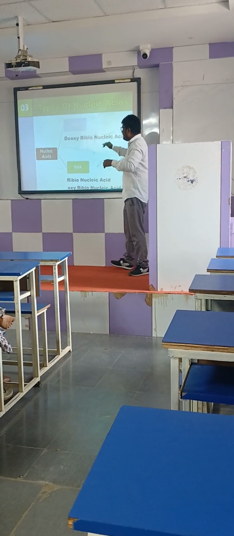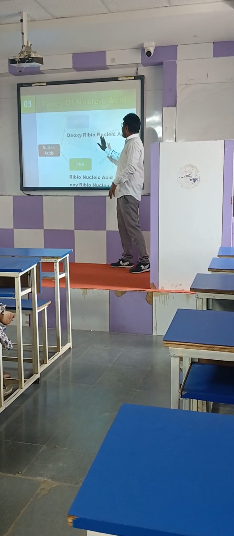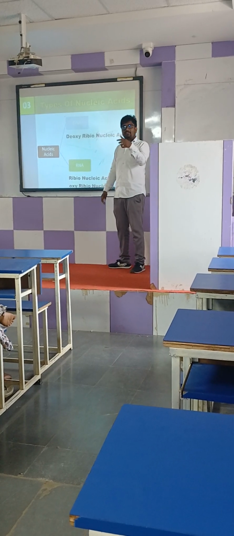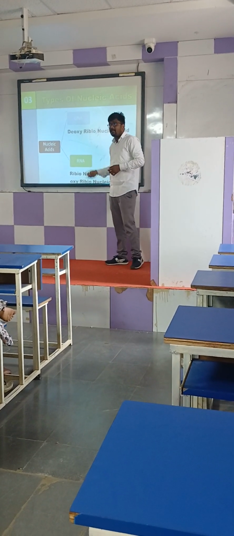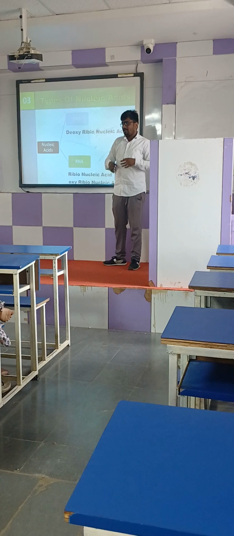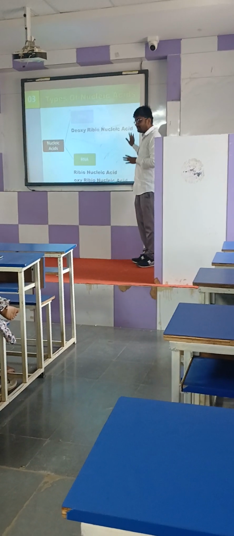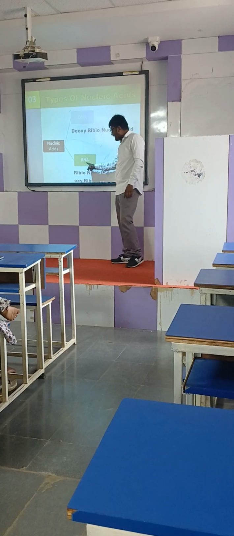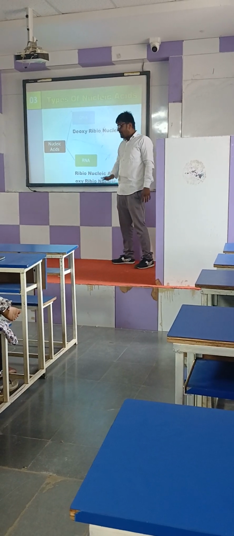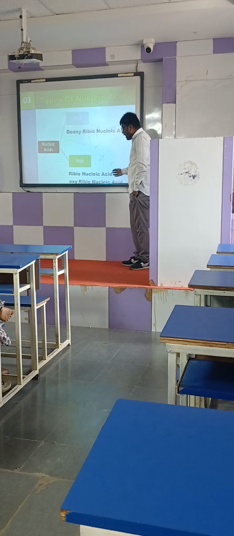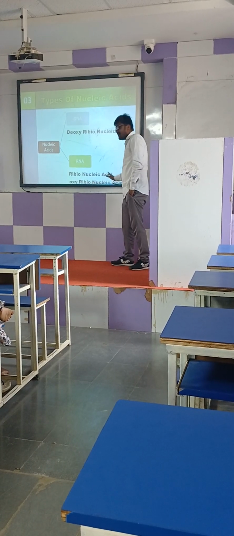Okay. So the long form of DNA is deoxyribonucleic acid. Why do we write deoxy here? Because in the structure of DNA, oxygen is not present. It means absence of oxygen. That's why we call it deoxyribonucleic acid. And the second nucleic acid is RNA, the long form of RNA is ribonucleic acid or oxyribonucleic acid.